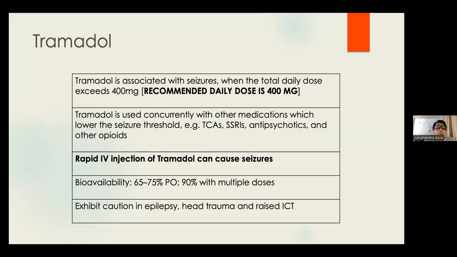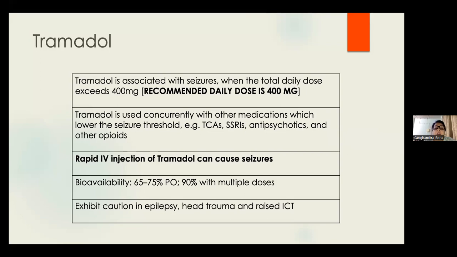Coming to the step 2 medication, which is an important medication, very widely used, tramadol. Unfortunately, it is associated with seizures when the total daily dose exceeds 400 milligrams.